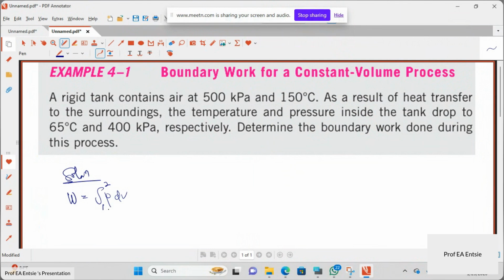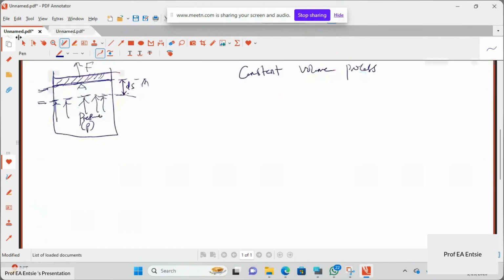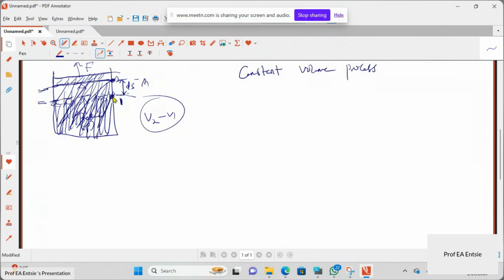So for that problem I showed you, there is the actual volume in the tank. If it's a tank, then up here the 2 is the new volume, the whole of that. So if you want to know the change in V, it will be V2 minus V1: the entire volume, up to where point 2 is, minus the volume below this line, that's at point 1. So the change in volume is where I'm doing the circles, these two parts.